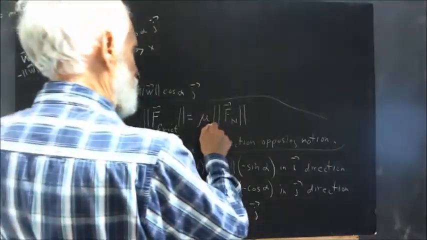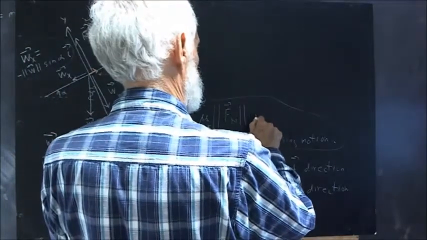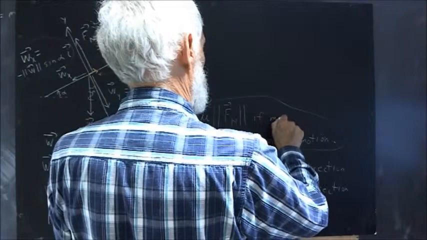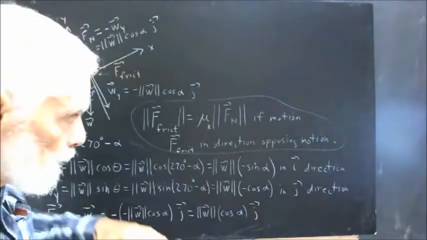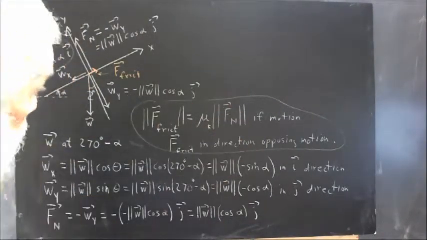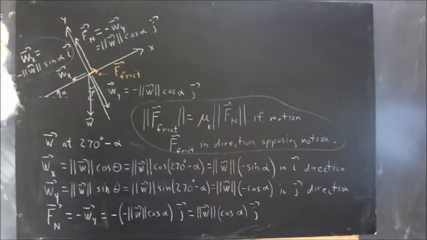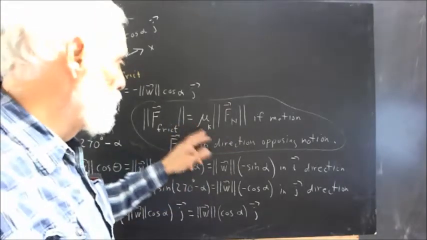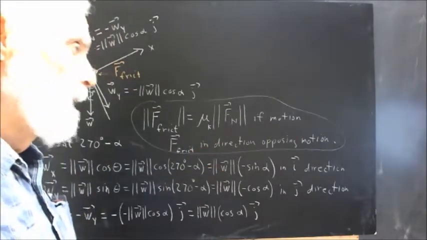So I'm going to say that in the case of motion, and I could be more specific, the motion of two surfaces relative to each other, which is what brings about friction, the force of friction is equal to this. Static friction would be less than or equal to the coefficient of static friction times the normal force.